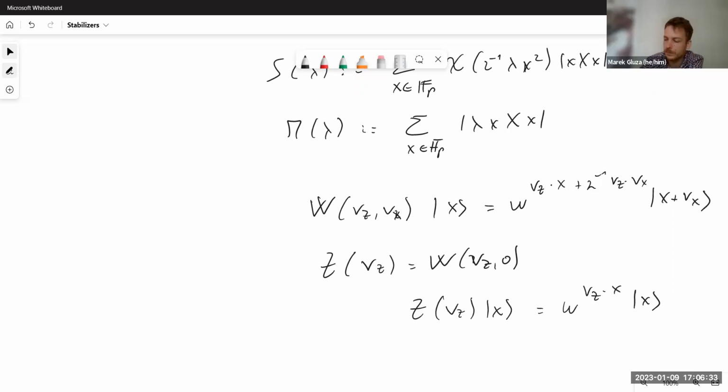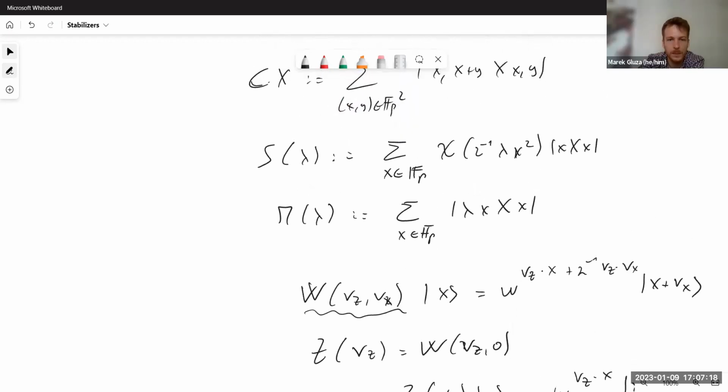The idea is that the Heisenberg group is useful to arrive at this object, it's just a technical tool to define your generalized displacement as you do in the continuous case. But yeah, you just use these kinds of properties, and then you can see what's happening under conjugation with the Hadamard, for example.